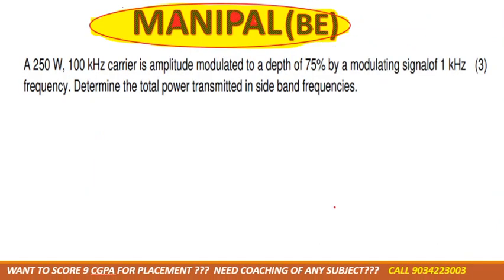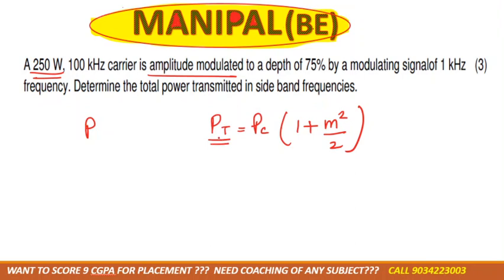Note it down. Now see the next question that is based on amplitude modulation. They said 250 watt, so basically they have given the power. If I tell you the formula for the power, that is PT equal to PC into 1 plus M square by 2, where PT is the total power which they have asked.